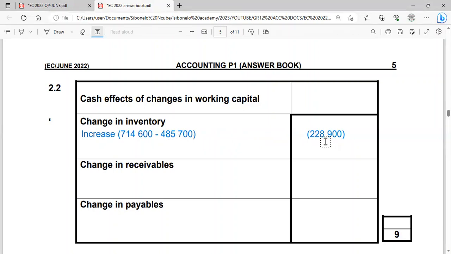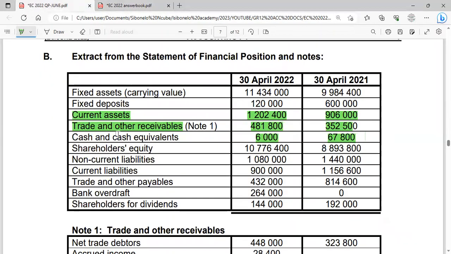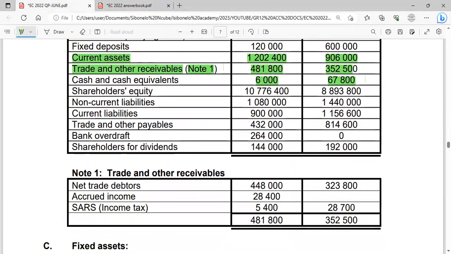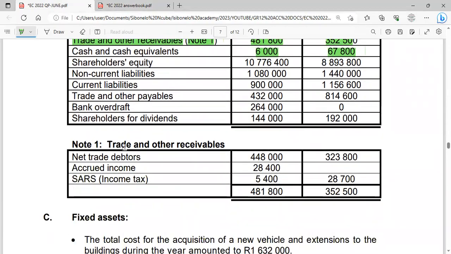And then the next one is trade receivables. So guys, we have trade receivables here, 481,800 and 352,500. They are referring us to note number 1. Now, the trade receivables note consists of net trade debtors, accrued income, and SARS income tax.